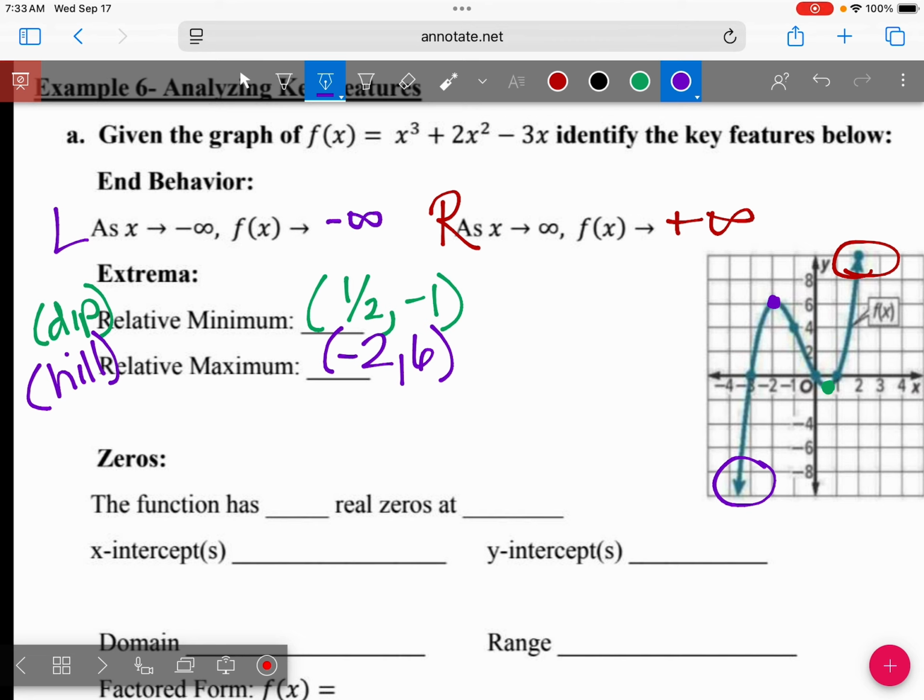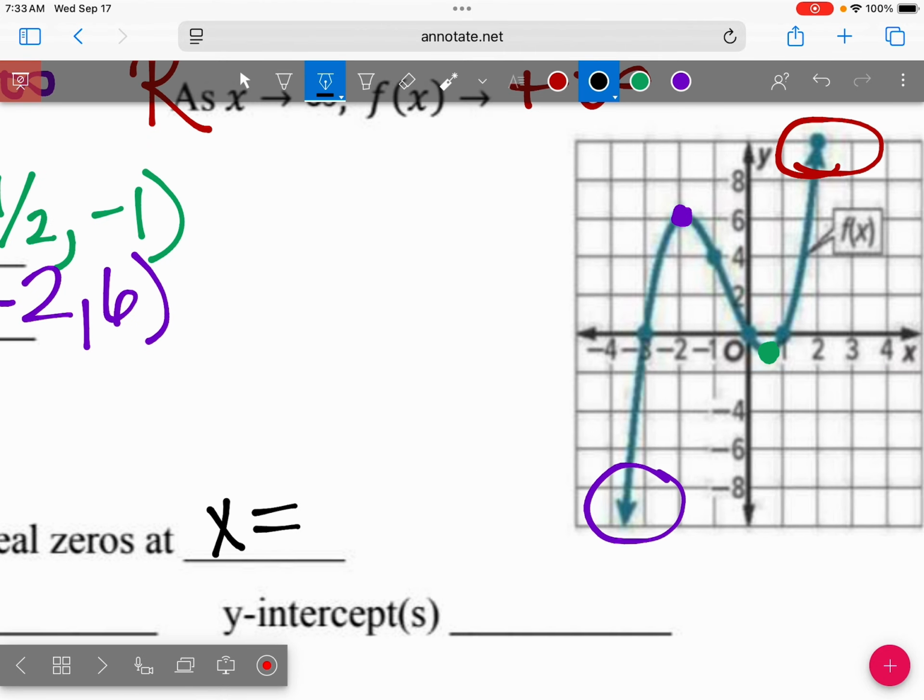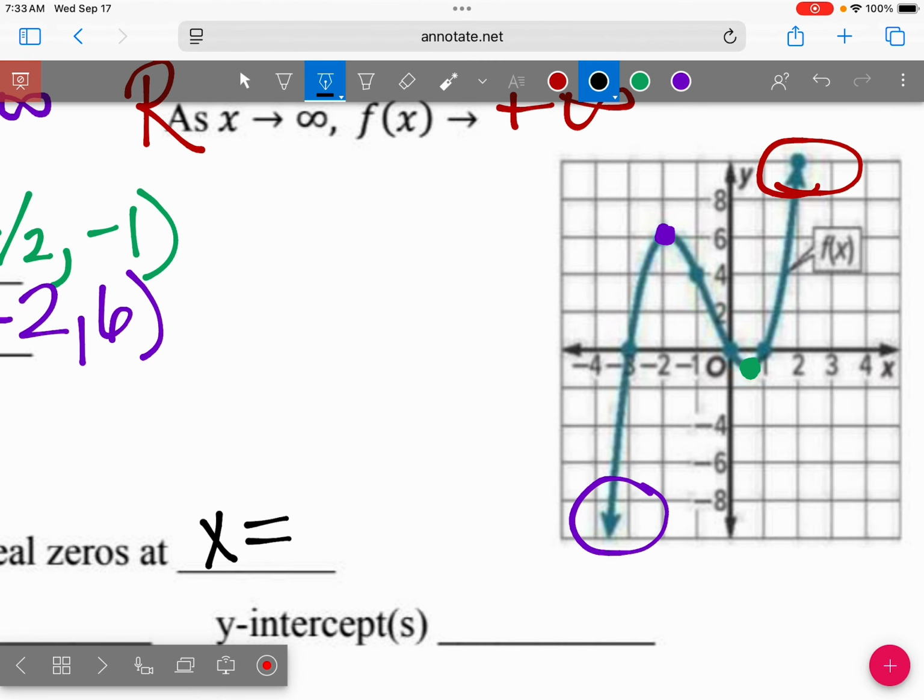How many zeros does this graph have? How many times does it cross the x-axis? Show me with your fingers. I agree. There's 3. Good. So there's 3 real zeros, and they occur at x equals this one, which is -3, and then 0 and 1.